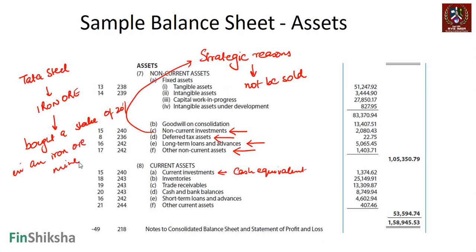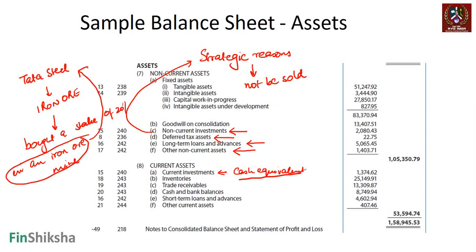Now, this is a strategic investment. They might have bought shares which are easily liquidable and they can probably liquidate them. But in reality, this is not treated as cash equivalent because you will never sell it, right? These will never be sold, because they are buying this stake in the iron ore mines so that they can get continuous supply of iron ore for their operations, right? So effectively, they are buying a stake in their vendor.